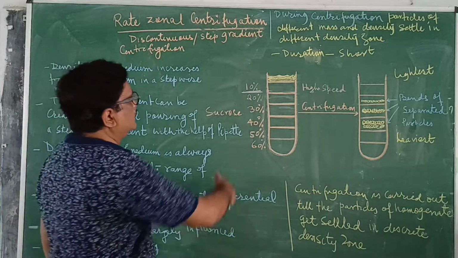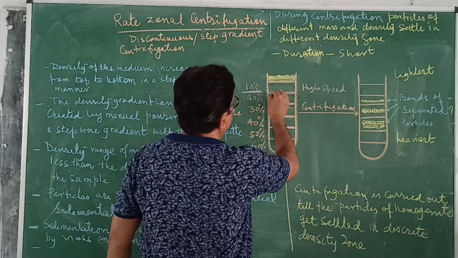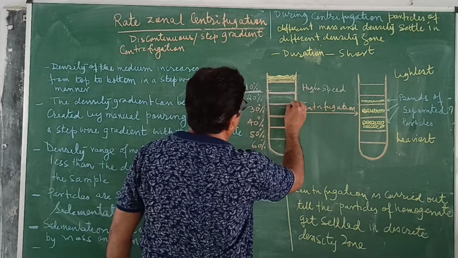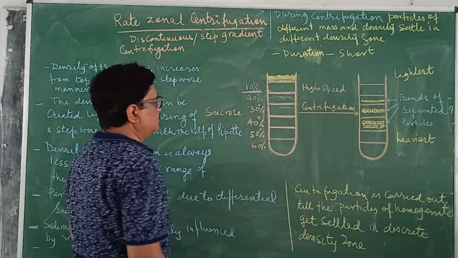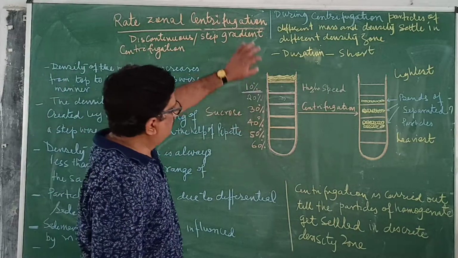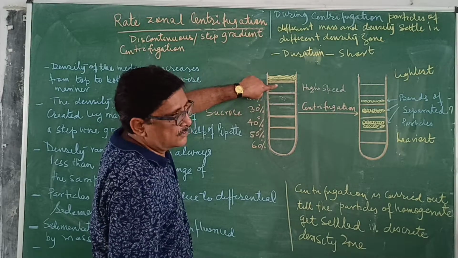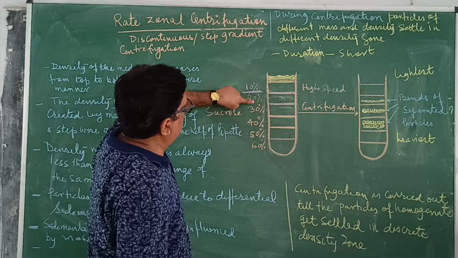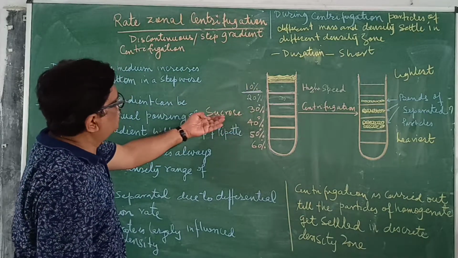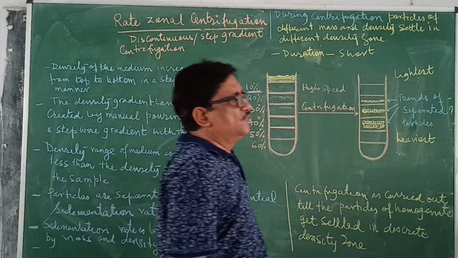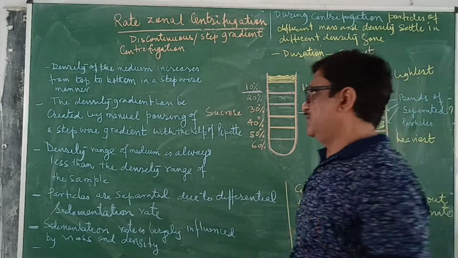The next zone, just below this one, has a density higher than the preceding zone. Here, the solute we are using is sucrose, which is very much used for separating subcellular particles or macromolecules like protein.